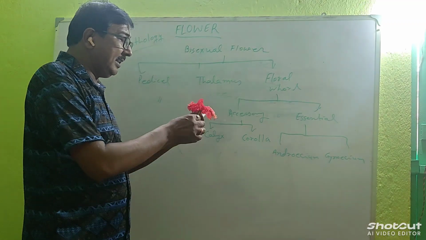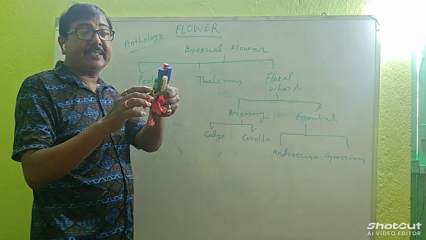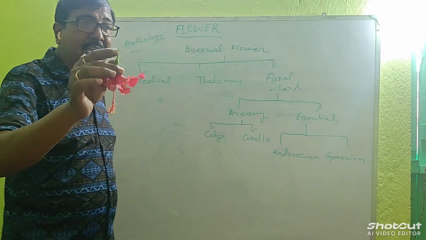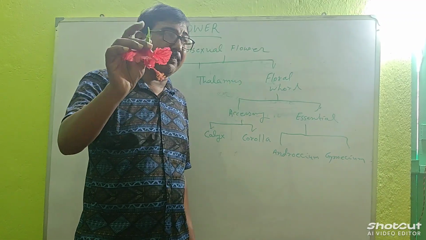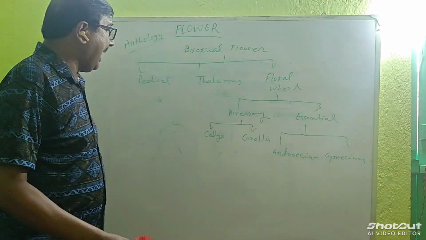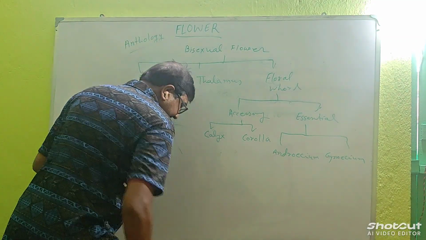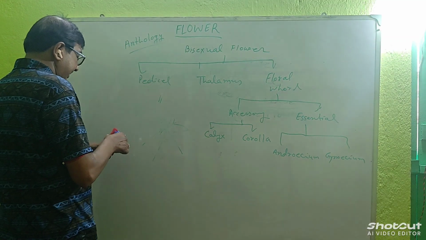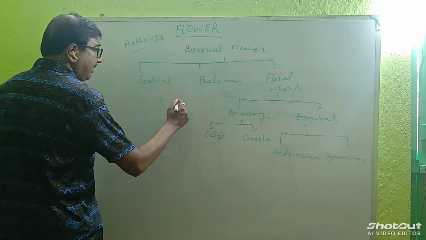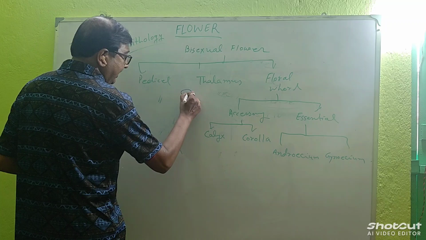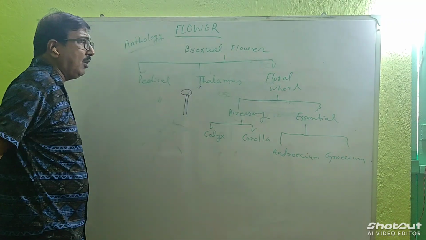This part is called the pedicel, which helps to attach to the stem. After the pedicel, the swollen part is present. It is called the thalamus. What is its function?